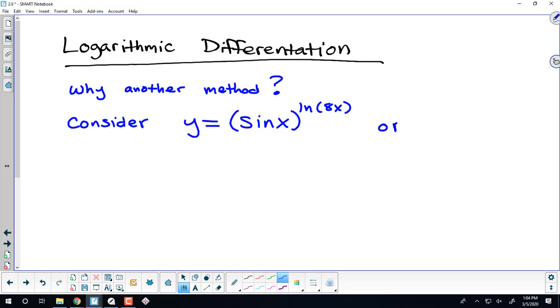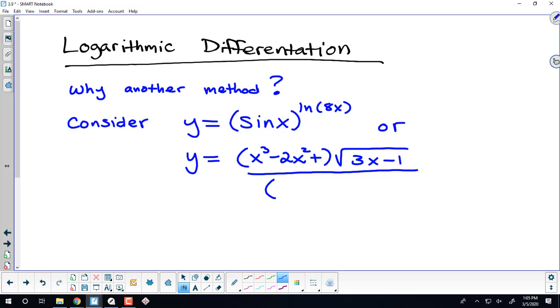Or something even more dreadful looking, like x cubed minus 2x squared plus 1 times the square root of 3x minus 1, all over x squared plus 4 to the 8th, times, I don't know, the sine of 5x.